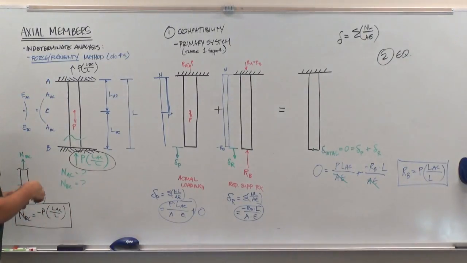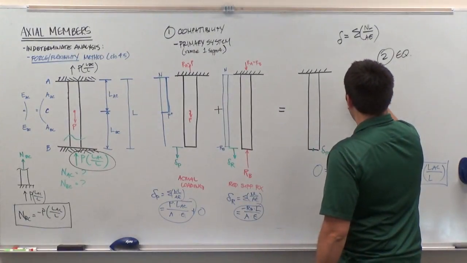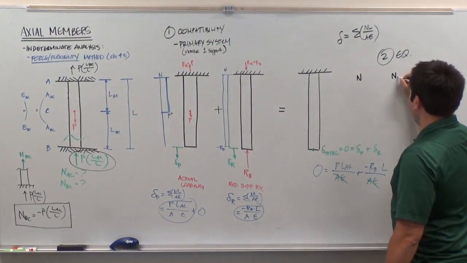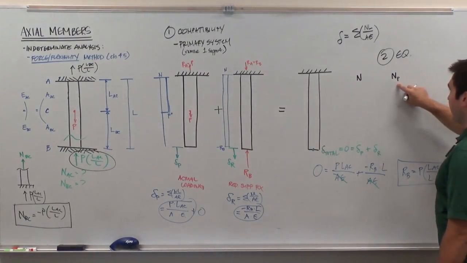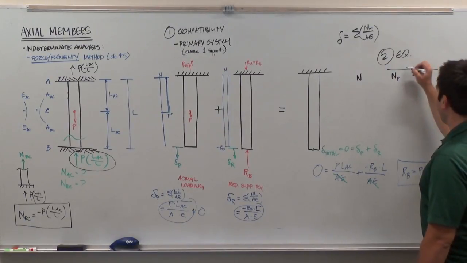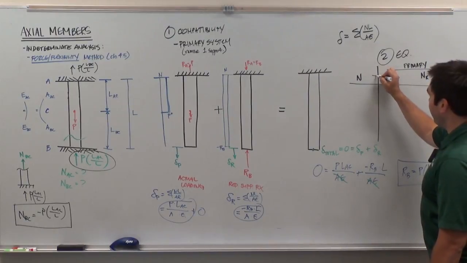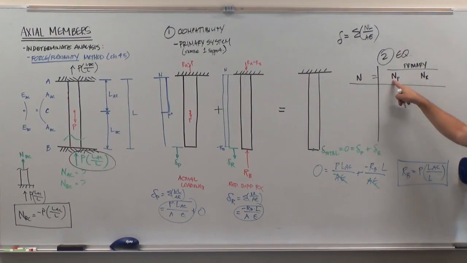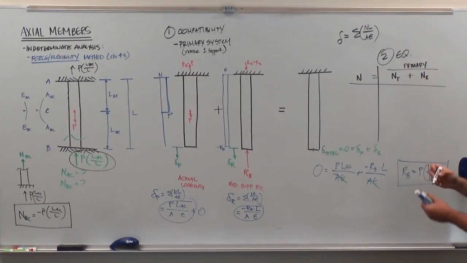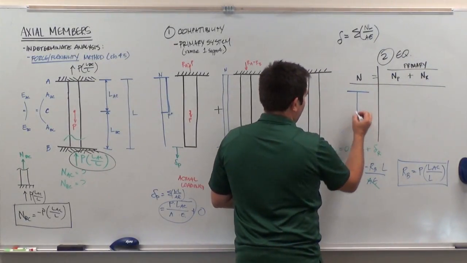And you'll notice the actual normal force diagram, if we were to plot those out, compared to the normal force diagram due to the external load on the primary system and the normal force diagram due to the redundant support reaction on that primary system. I could just say the total normal force is equal to the normal force on the primary system due to the point load plus the normal force on the primary system due to the redundant support reaction.